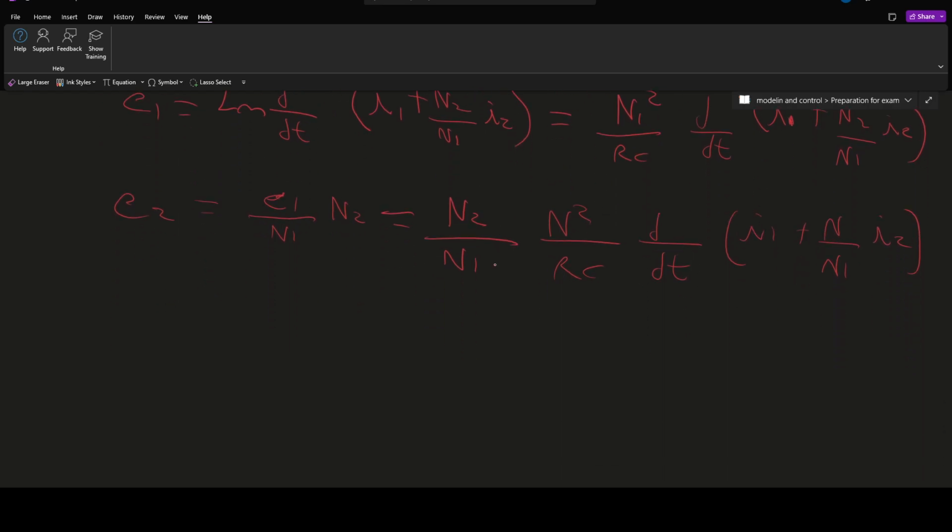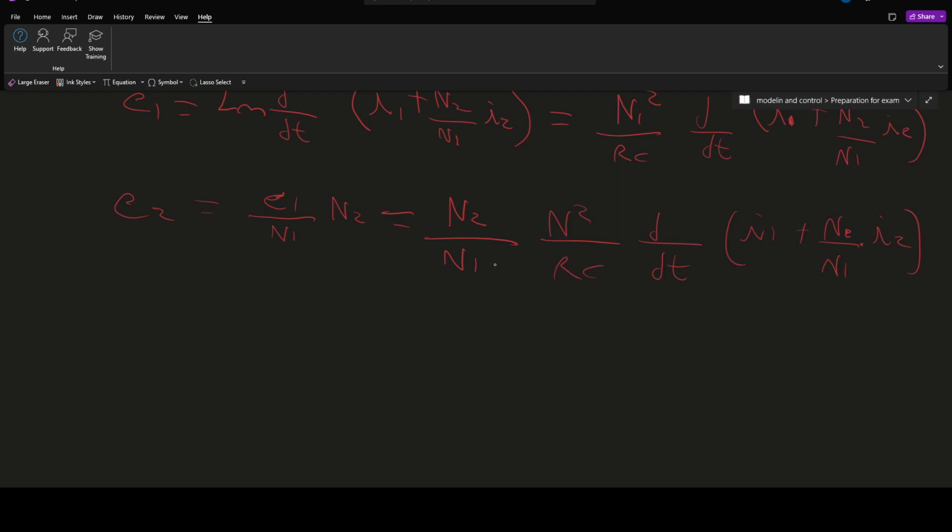Now we can do some manipulations to try to get information that we care about. So we should try to put this N2 over N1 instead of multiplying it to I2, we needed to multiply I1. So we can have the I2 alone and we can look at how the circuit is gonna look.